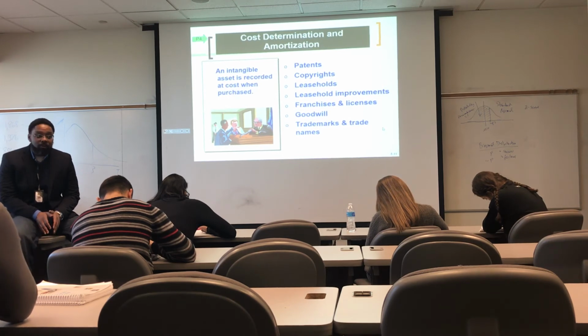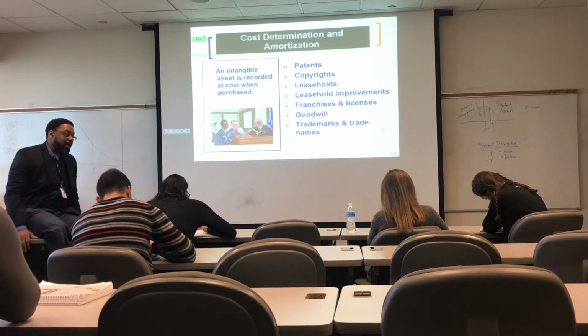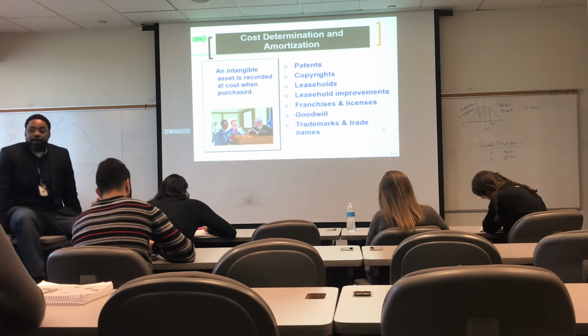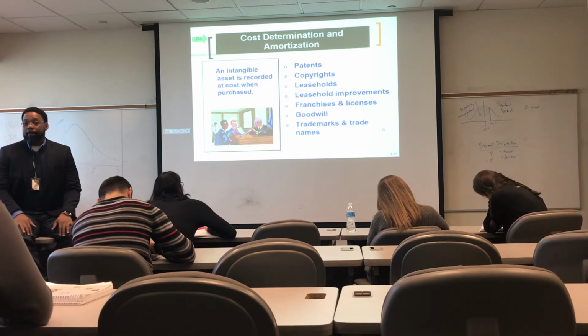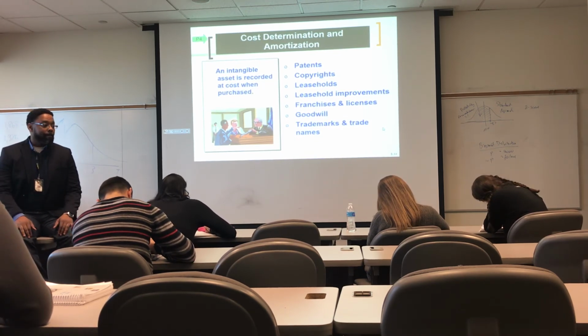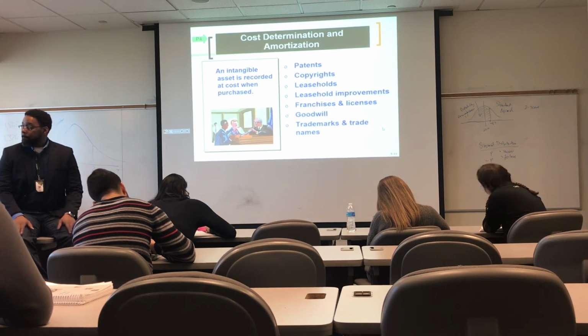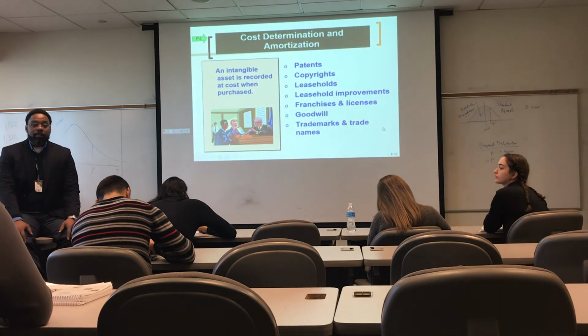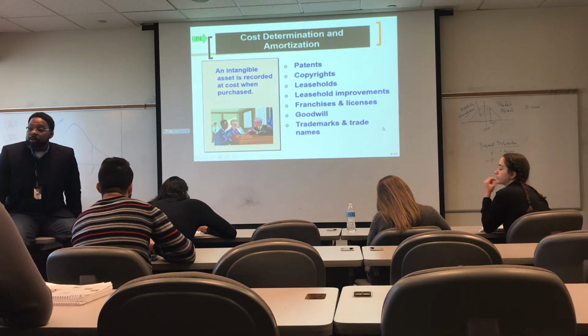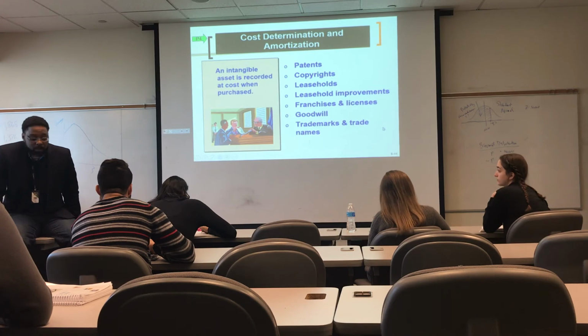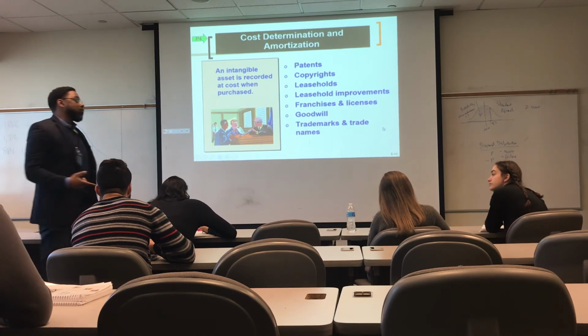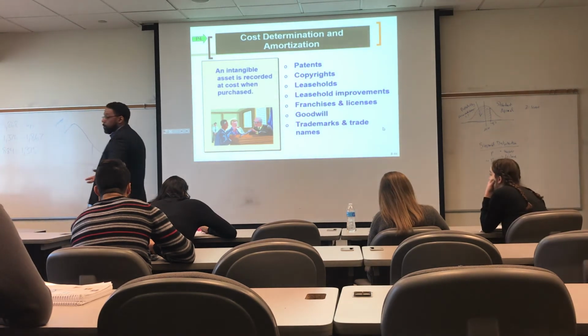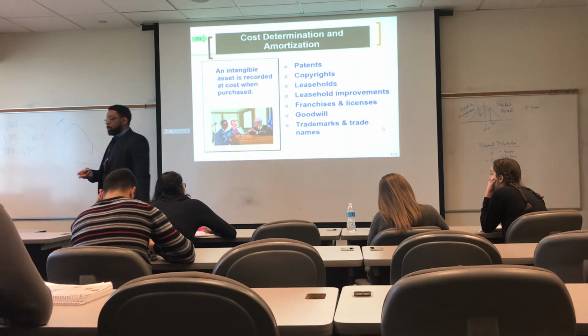And when I say depreciation, I'm talking about a tangible asset. Is everyone with me? That's a major thing. How we do it is very similar to the three forms I showed you: straight line, units of production, and double declining.